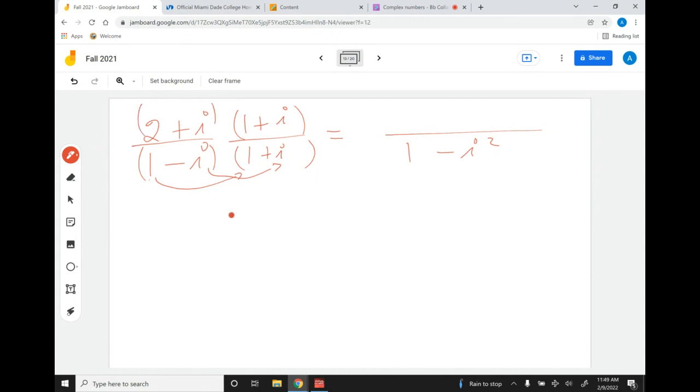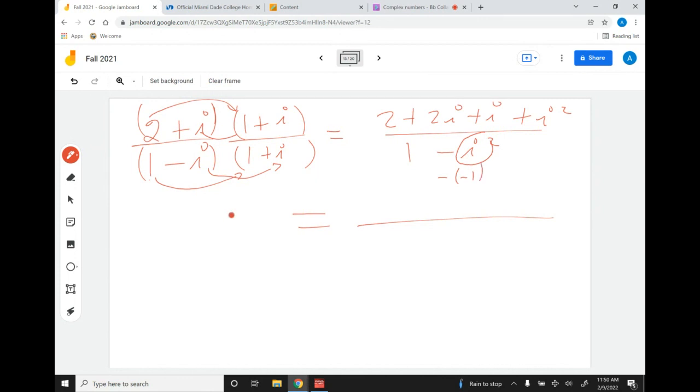Now the numerator, I have to multiply everything. 2 times 1 is 2. 2 times i is 2i. i times 1 is 1i. And i times i is i squared. There. Now, this is equal to negative 1.